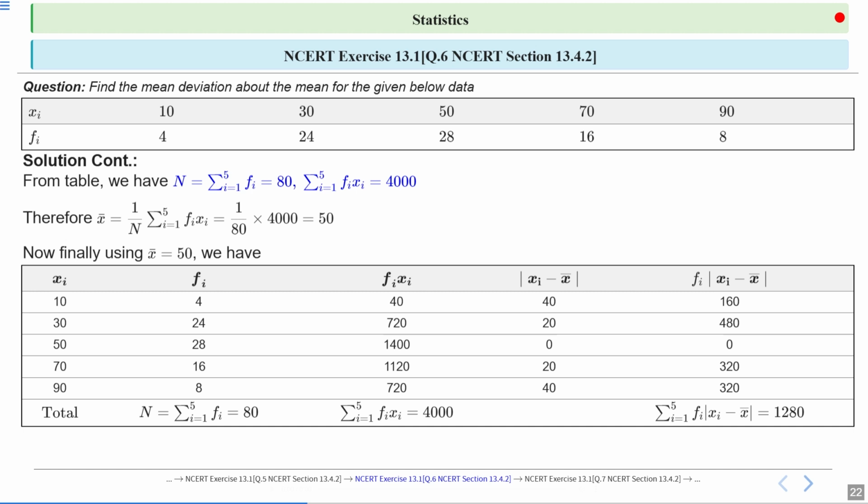The third column is fi xi, which we have already summed to get 4000, and the fourth column is the absolute differences, absolute value of xi minus x bar. And the fifth column is for fi times absolute value of xi minus x bar.